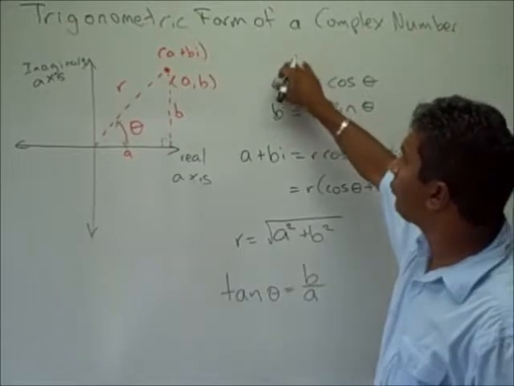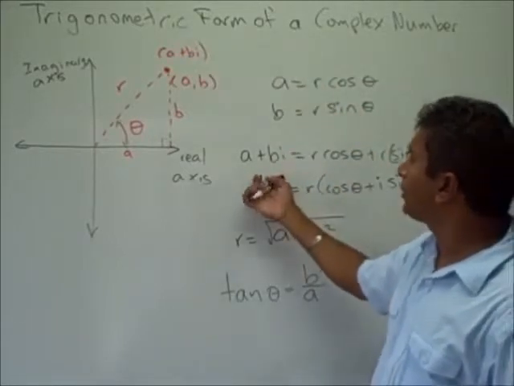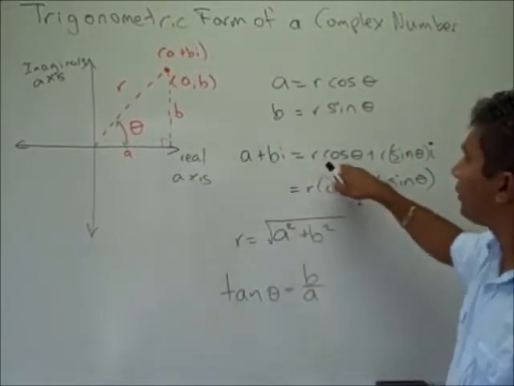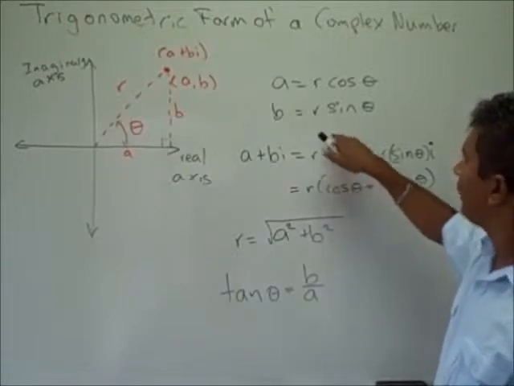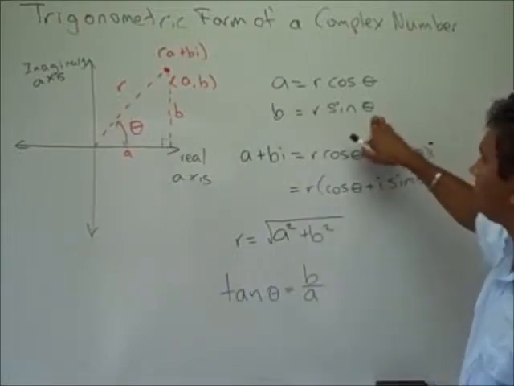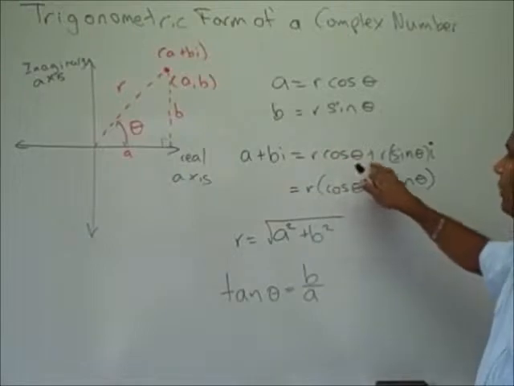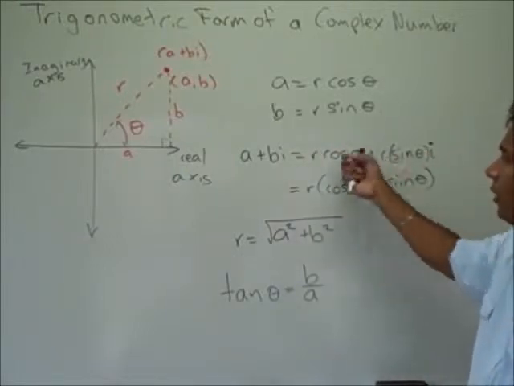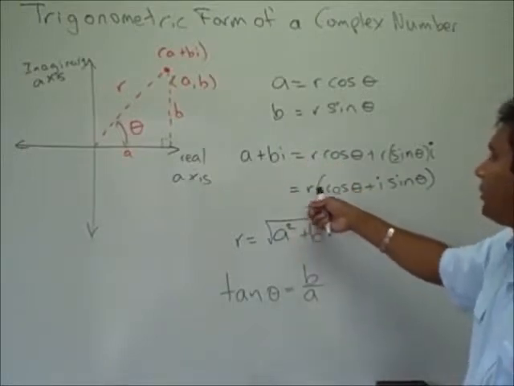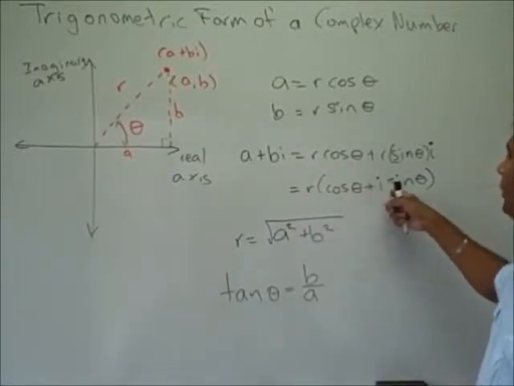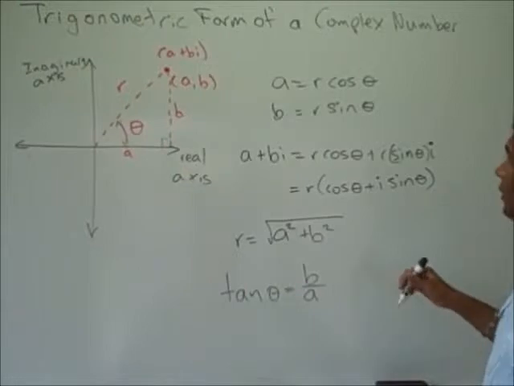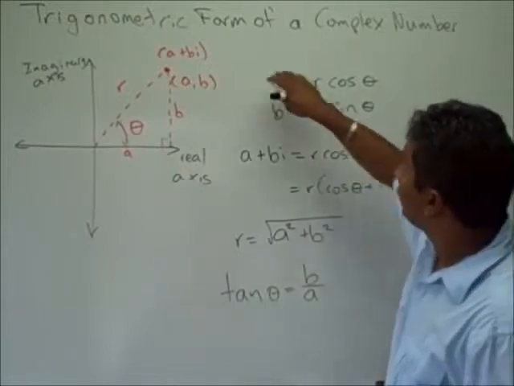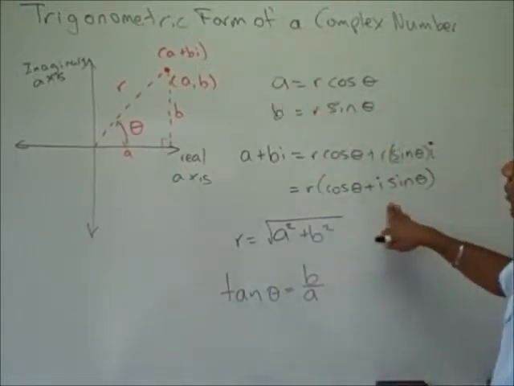Now if we substitute for a and b in our complex number, this becomes r cosine theta plus r sine theta times i. If we factor out the r, we have r times (cosine theta plus i sine theta). And this is the trigonometric form of a complex number.